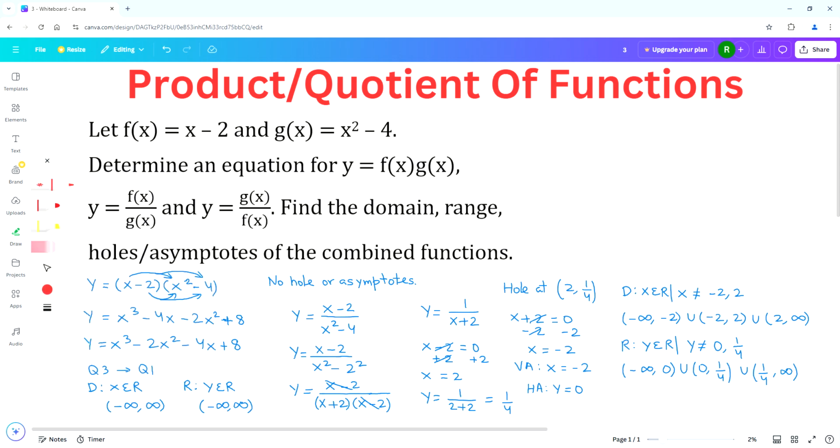y = g(x) over f(x). g(x) is x² - 4. f(x) is x - 2. We can simplify this equation by factoring the expression in the numerator. We can use the difference of squares factoring method. The factored form is (x + 2) times (x - 2).